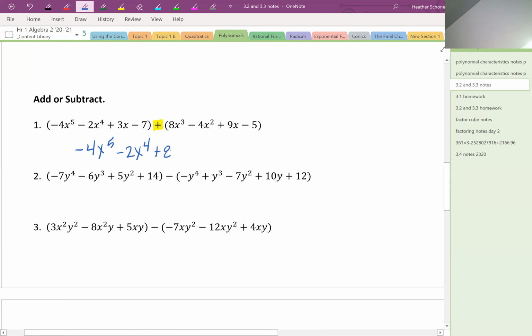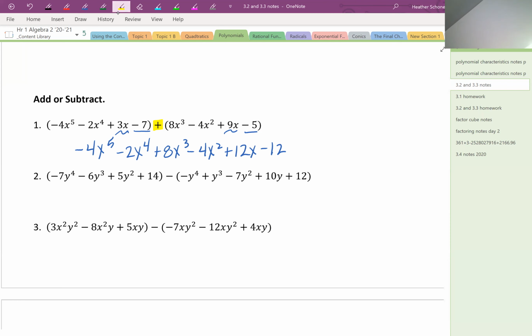Then we've got 8x to the 3rd. Still nothing that's like terms, negative 4x squared. Finally, with the x's, I can combine those and I get 12x. And then negative 7 and negative 5 would be negative 12. So there's my polynomial, and my final answer.